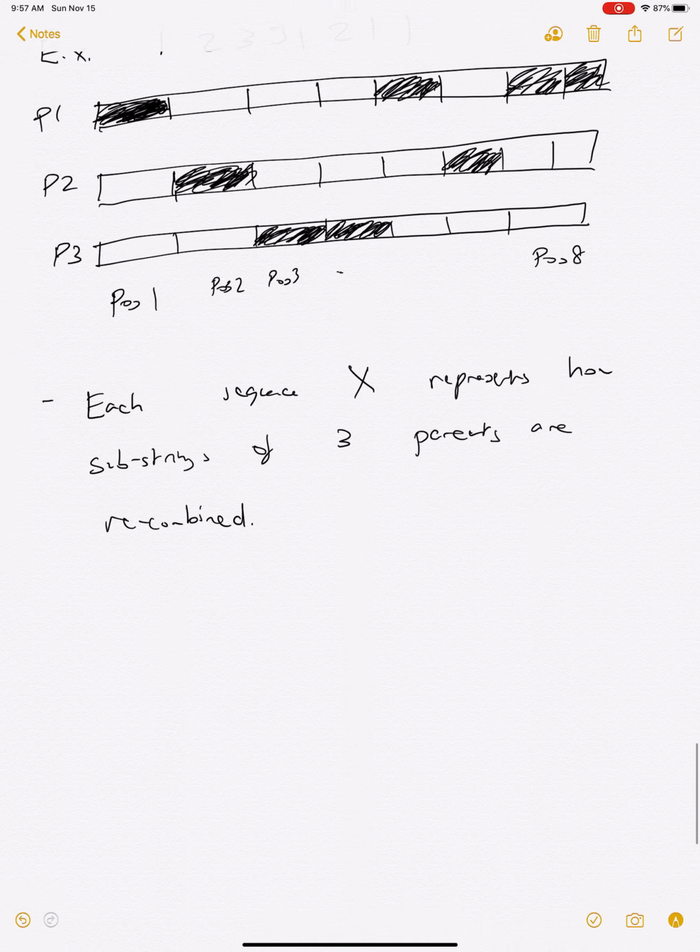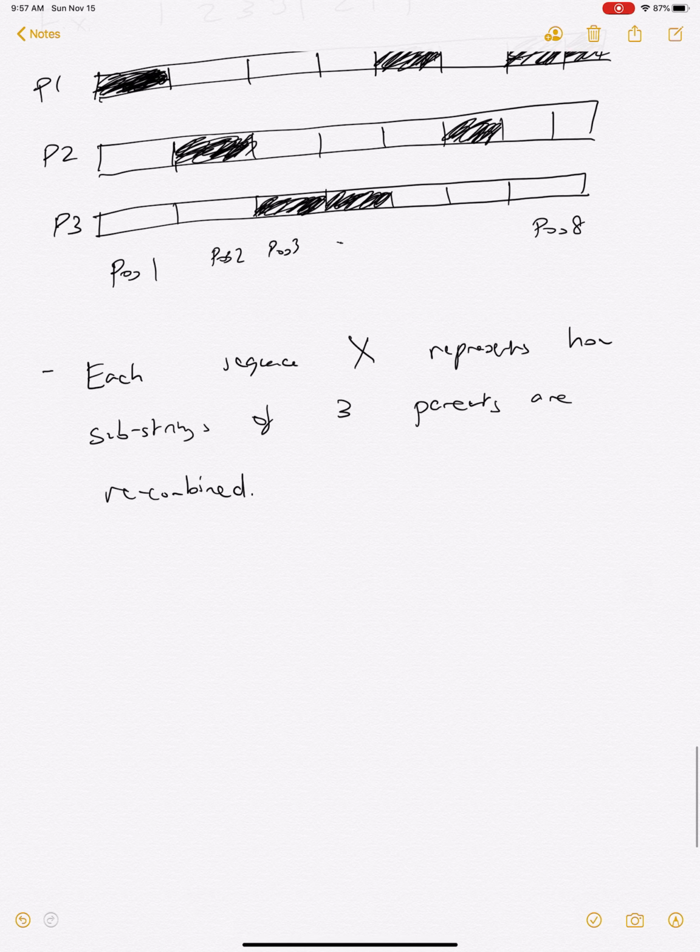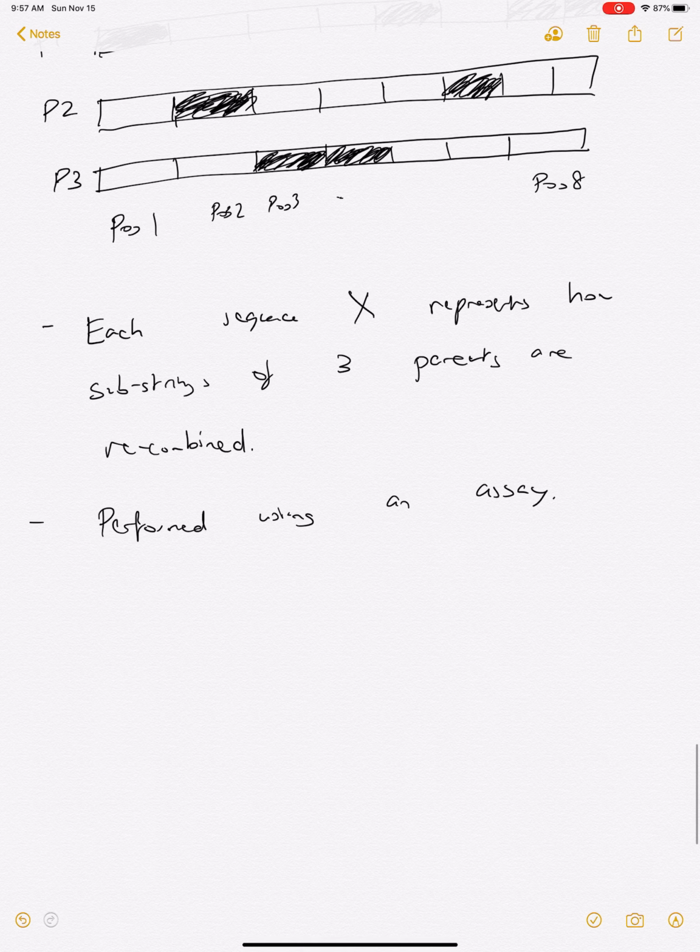This is performed using an assay, and I won't go into the details of that because it starts to get a bit technical at that point. But you can think of the recombination as approximately random.